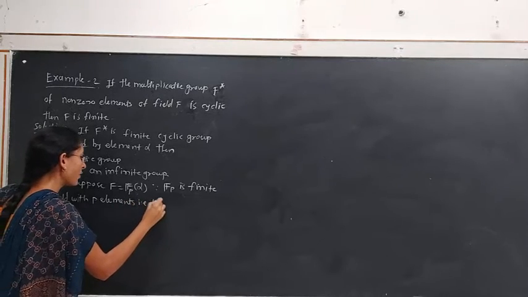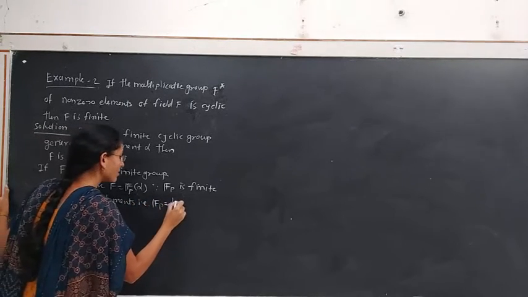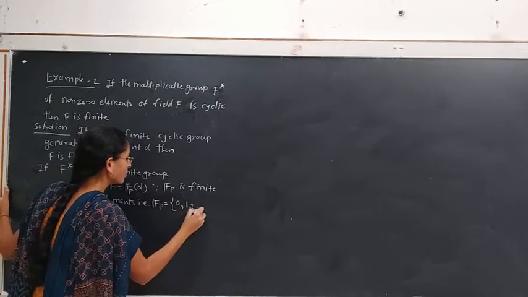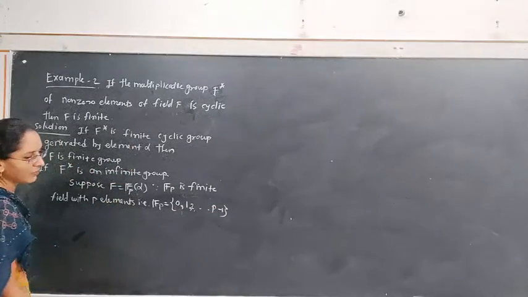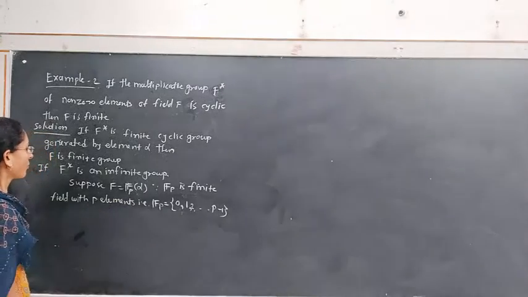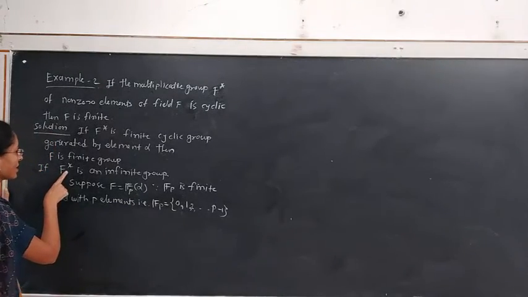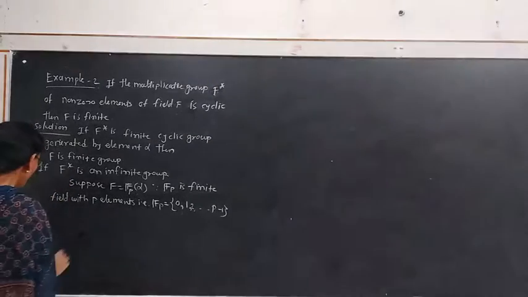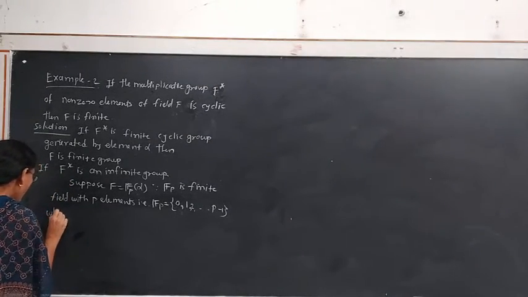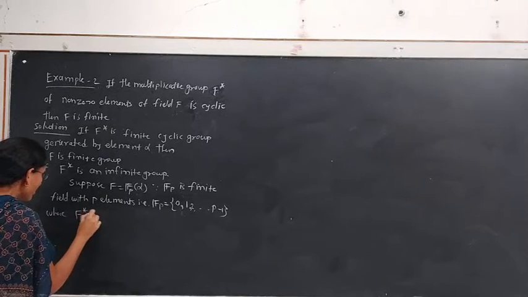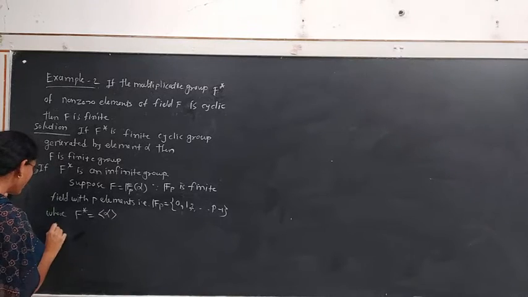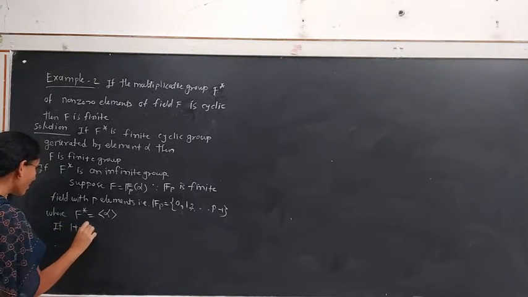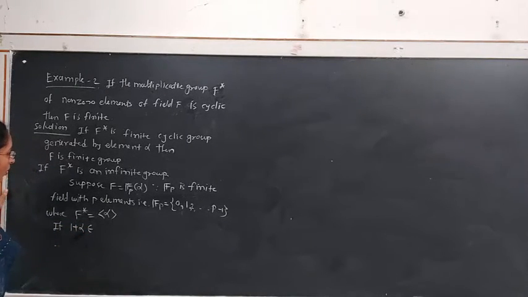That is, Fp is given by 0, 1, 2 up to p minus 1, and we consider the field F equal to Fp joining alpha, where alpha is the generator of the multiplicative group F star, so F star is generated by the element alpha.